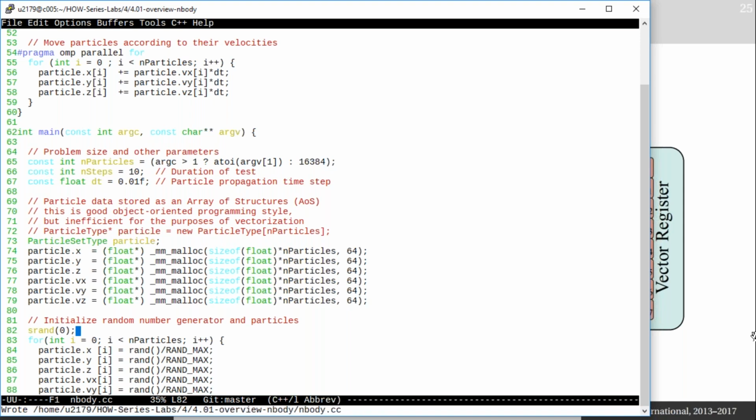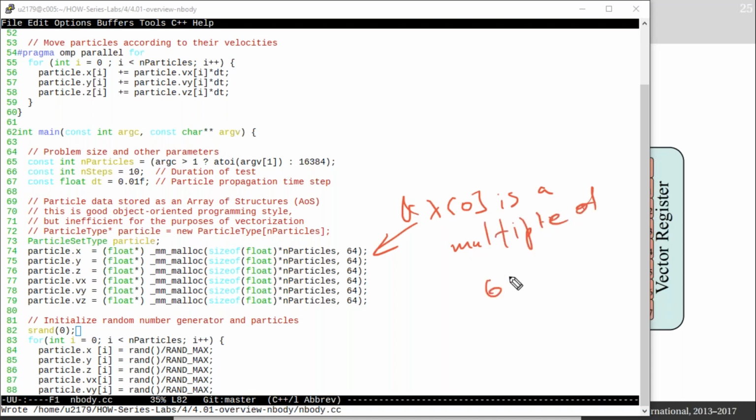So now I guarantee that the address of x of 0 is a multiple of 64 bytes. I forgot to say what alignment means. It means that the memory address is a multiple of 64 bytes.